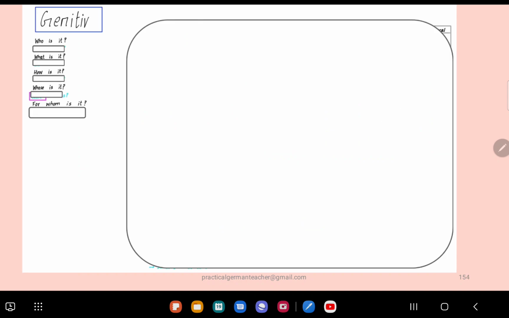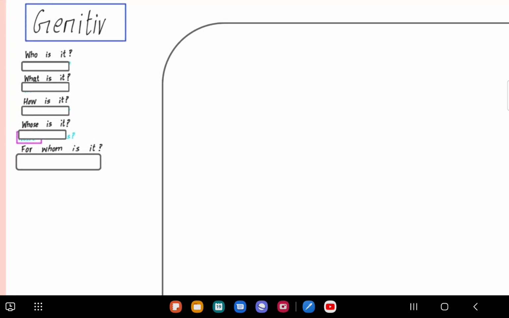Let's continue. Please try to tell me how I can write these sentences. I will now introduce genitive to you, but before I do that, as a segue into the topic, please tell me how I will write who, what, how, for whom, and whose in German. Who is wer. What is was. How is wie.